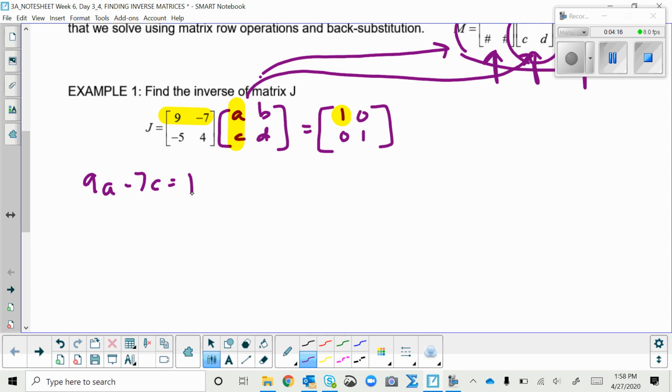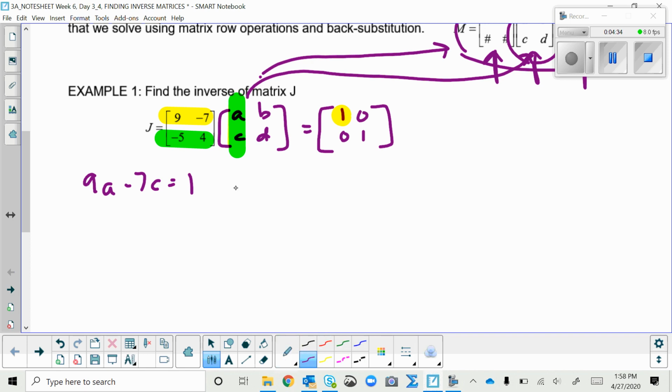But now let's stay with the A and the C and multiply it by row 2. Row 2 by column 1.